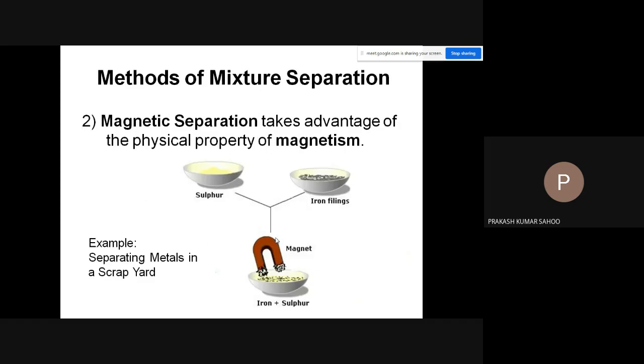Then we have magnetic separation, where we use the property of magnetism to separate ferromagnetic, ferrimagnetic materials, that is, materials which have magnetic properties, like the iron and nickel family.